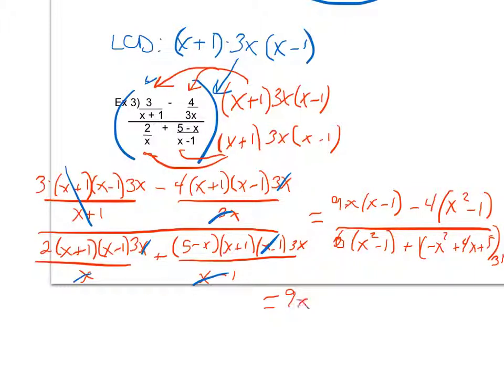Well, I guess not finally because then I'm going to have to combine like terms. I distribute a minus 4x in. Don't forget that minus sign. Distributing the 6 and distributing in the 3x.